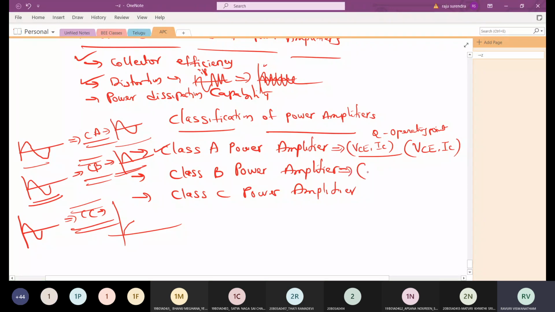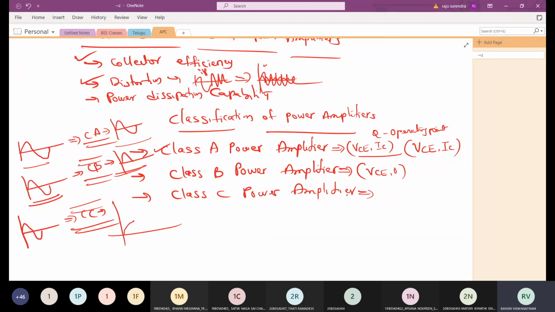Coming to class B, it is VCE comma 0, which is at the cutoff region, but it works for one positive half cycle. And coming to class C, the operating point is at the negative axis.